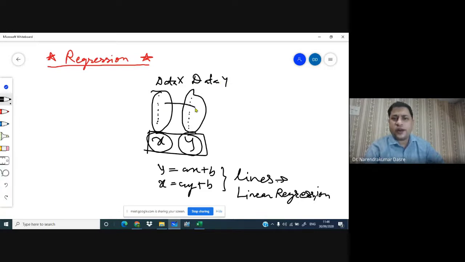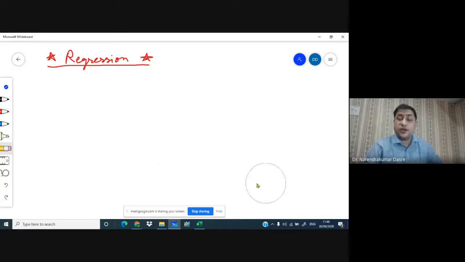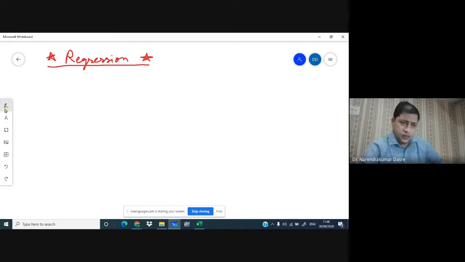We have to find out the relation between these two data sets, and how we are able to get the formula for this regression. When it is a variable, it is easy to write, but when it is attributes, then we have to think more.